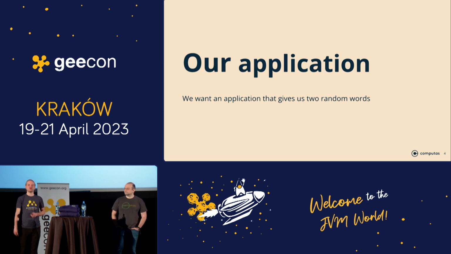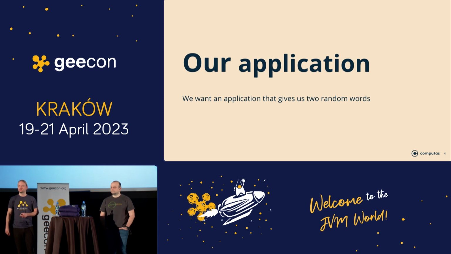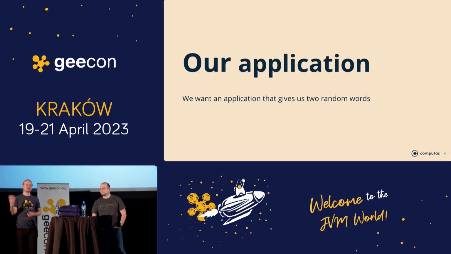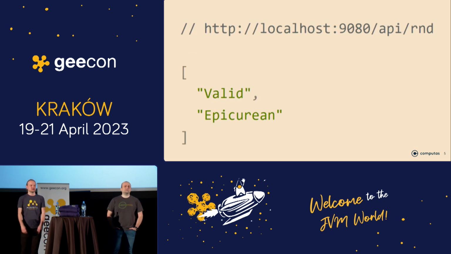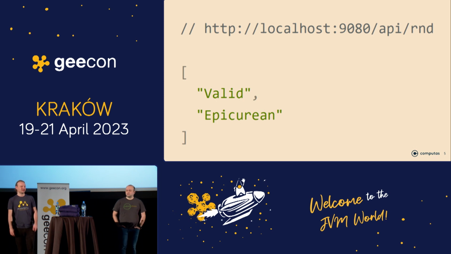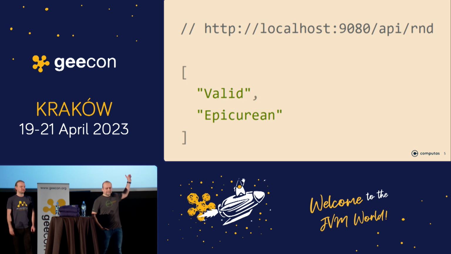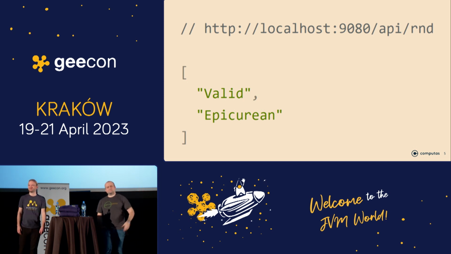Whenever you invoke the application, you get 2 random words, which can be used for things like multi-factor authentication or naming Docker containers. Or naming your pets. It depends, really. So when you invoke it, you get a result like this. Who wants to call their cat that? I mean, that works, right?